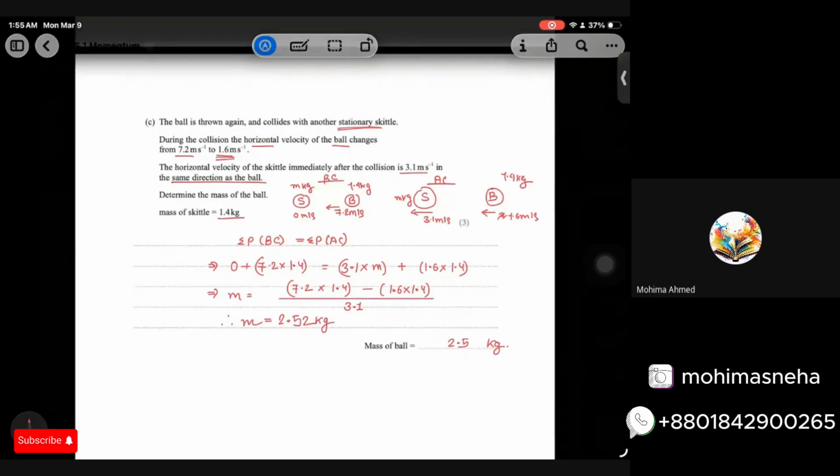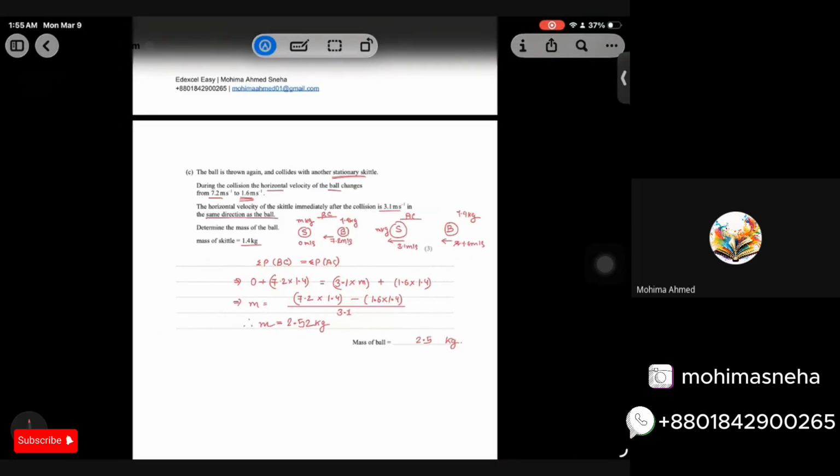So we'll stick to 2.5. Is this clear now? Yes, teacher. Okay, in that case, we are done with momentum.